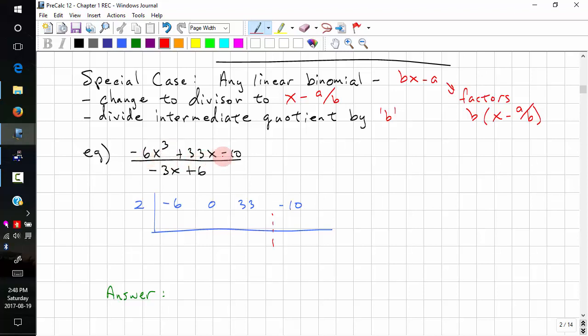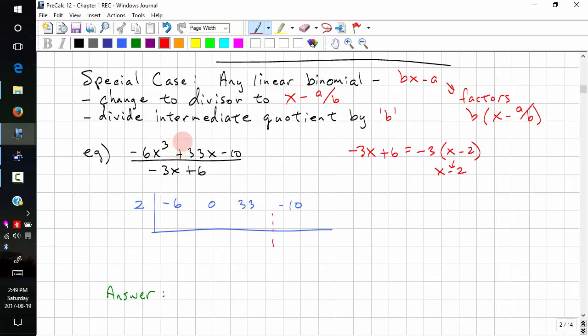Negative 6x cubed plus 33x minus 10 divided by negative 3x plus 6. Negative 3x plus 6 equals negative 3 times x minus 2. Okay, so our divisor is x minus 2. So we put 2 here. And we copy our coefficients.